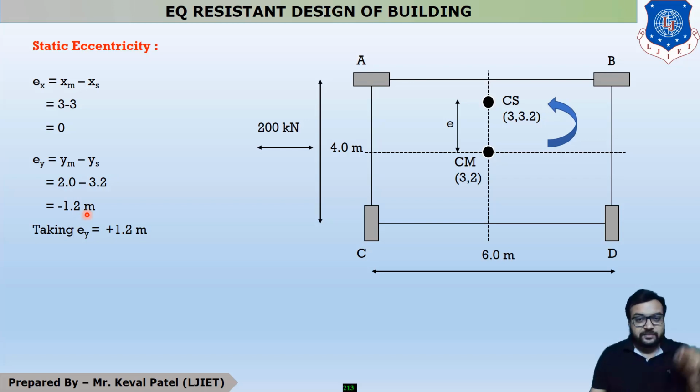So an anti-clockwise moment is generated, we have to provide a clockwise moment, therefore we design for plus 1.2 meters. How much moment is generated? We have to find that in the next slide.